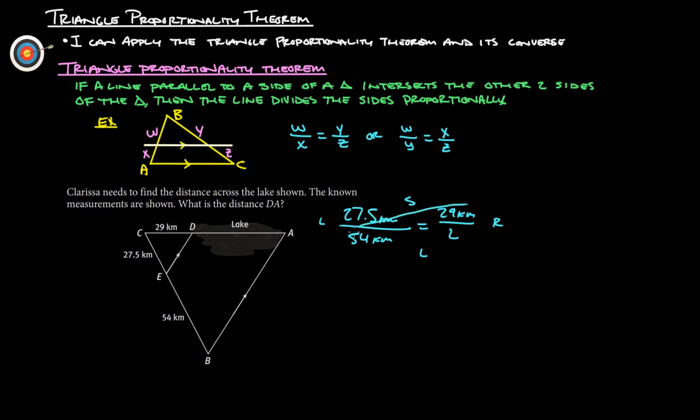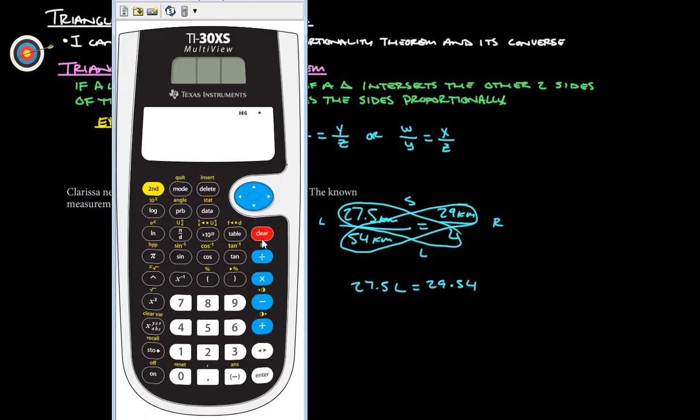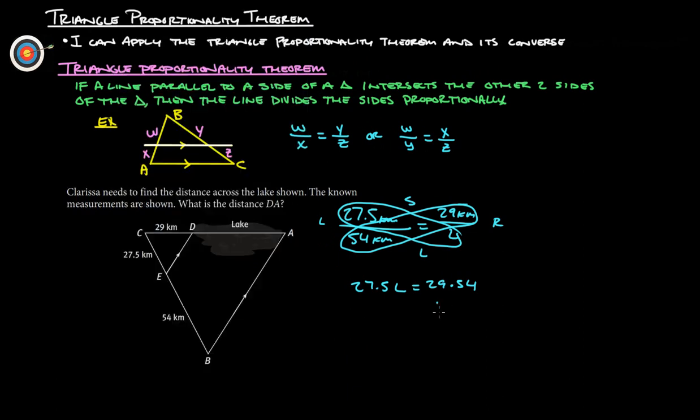So anyway, what we want to do now, just like always, is cross multiply and use that to solve. So we get 27.5 times L is going to equal 29 times 54. So 29 times 54 gives us 1566, and that's 27.5 L equals that.